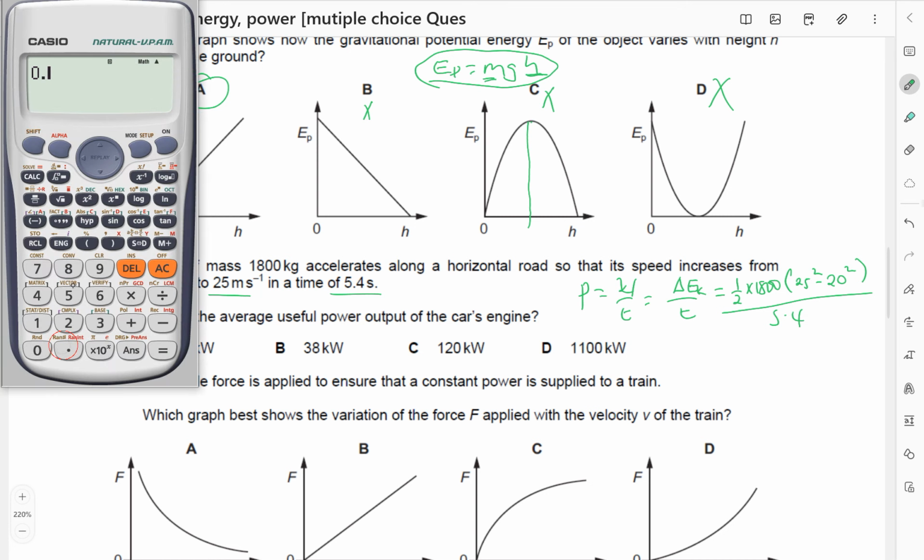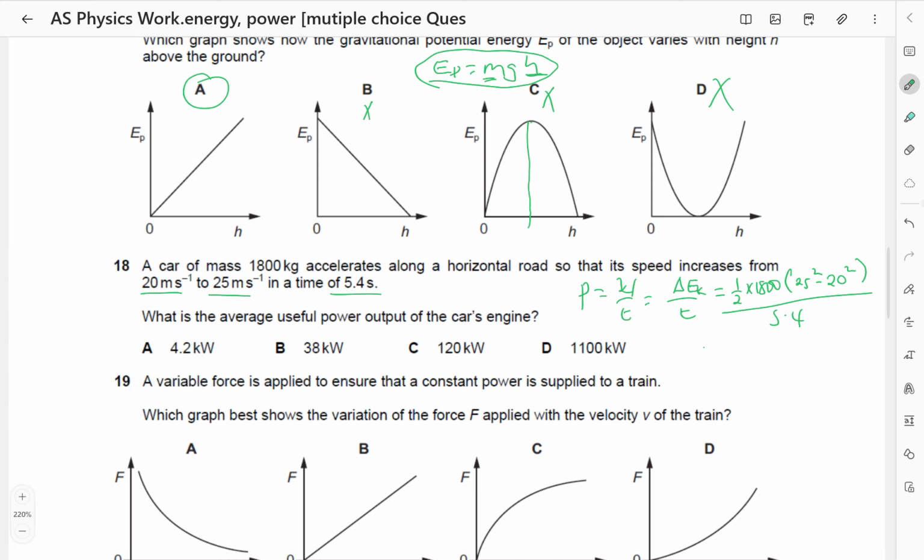So 0.5 times 1,800 times 25 squared minus 20 squared divided by 5.4. So that is 37,500 watts. And I think this can round off to 38 kilowatts. So the answer is going to be B.